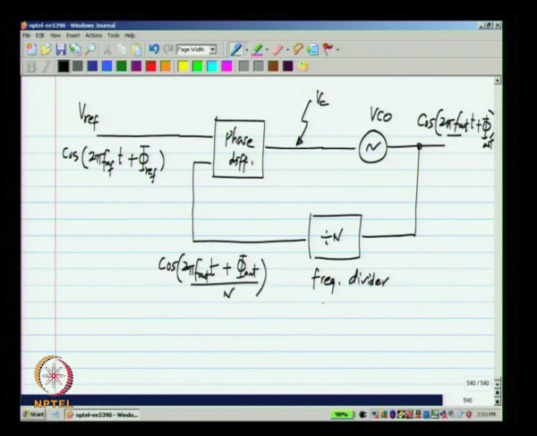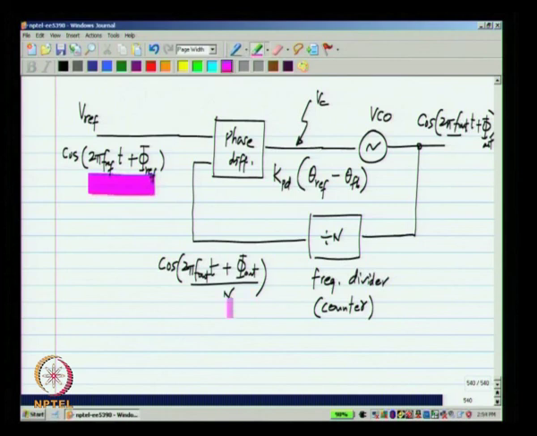So, this is the frequency divider or the counter, and here this Vc will be related to the phase difference between these two signals, which is basically some constant of the phase detector Kpd times the phase difference, where theta ref is this much and theta fb is that much.